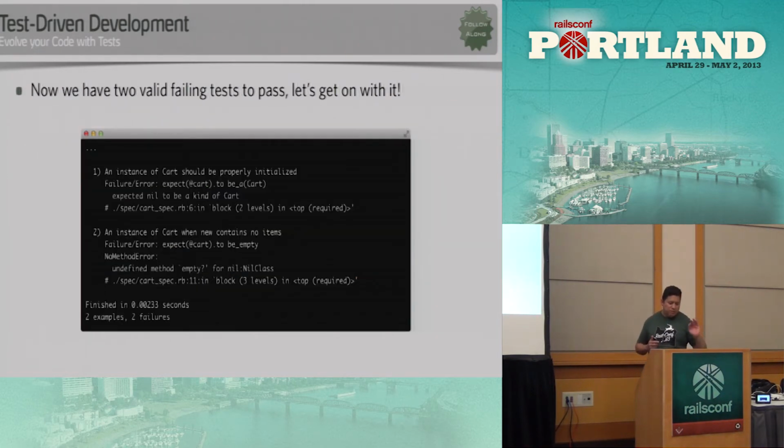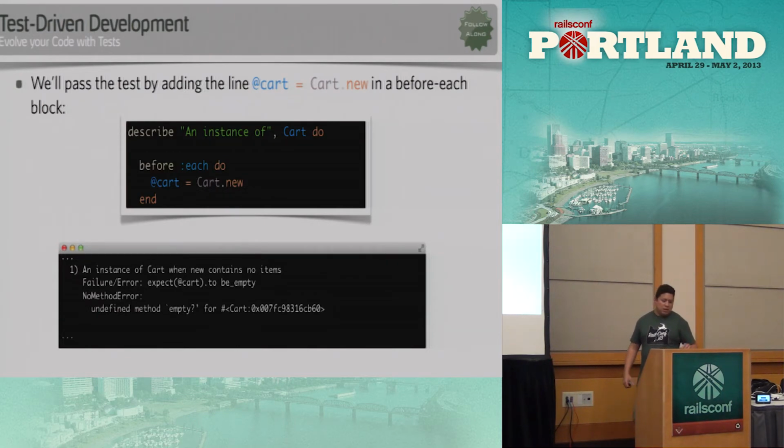Now, we're still missing functionality. We have a card created, but the card still doesn't respond to the empty method. So the first step is to initialize a card instance in a before block.